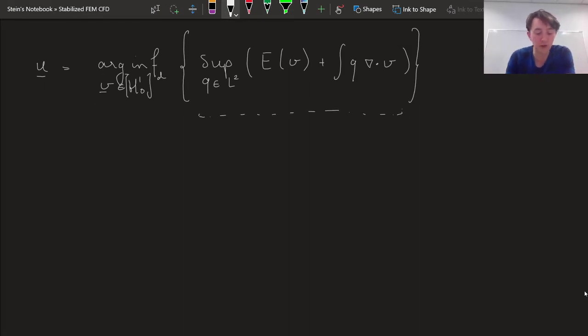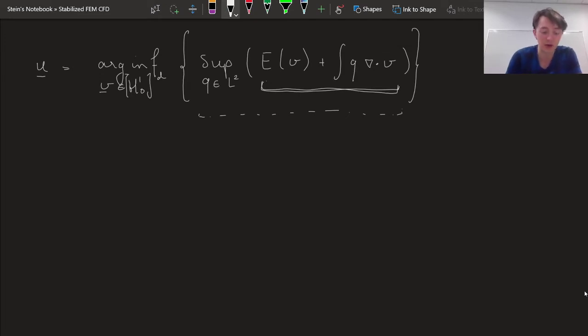Then I'm going to take the supremum over all q of this operation. And this operation is just going to give me a value for a given v and a given q. And I fixed v at this point. So I'm going to loop over a whole bunch of different q's, in principle infinitely many q's, and I'm going to find the maximum of that expression.